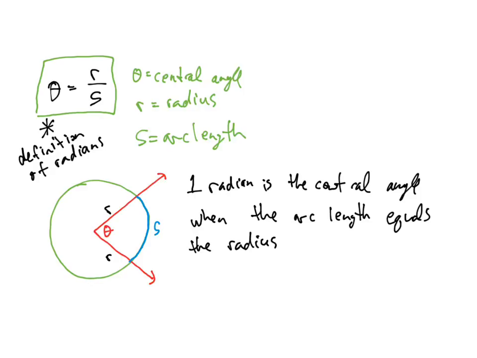Okay, so let's say that this arc length is equal to, I don't know, 2 inches. For theta here to equal 1, the radius must also equal 2 inches.